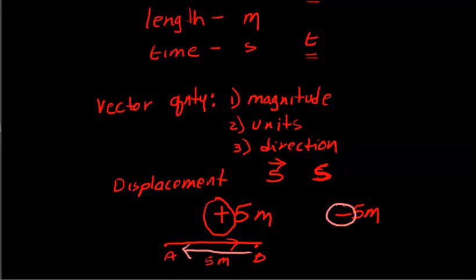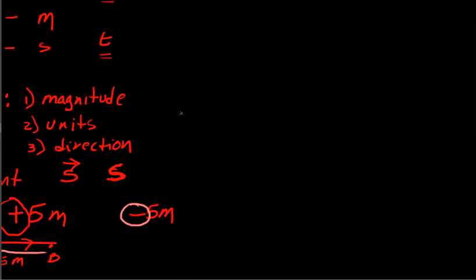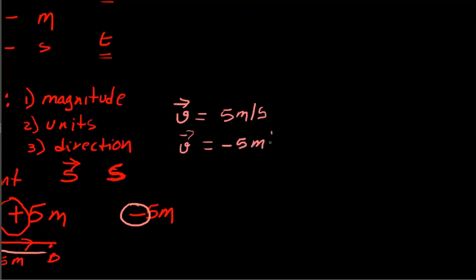Same thing happens with velocity. Velocity is also a vector quantity. The symbol for velocity is small v with an arrow on top. Velocity equals 5 meters per second. This is positive 5 meters per second. If I say velocity equals minus 5 meters per second, now in this case, the direction has become opposite.